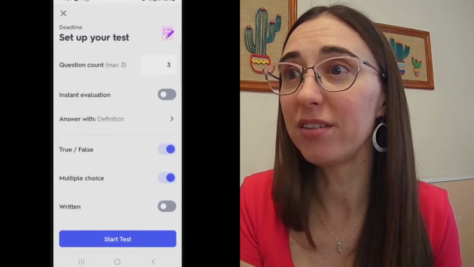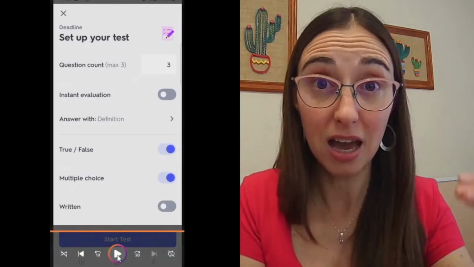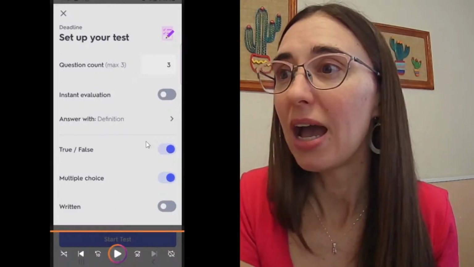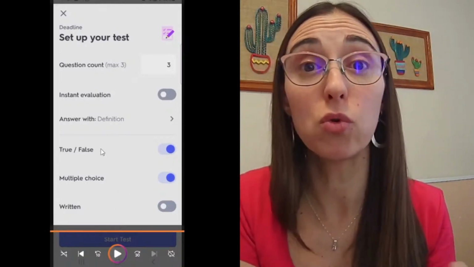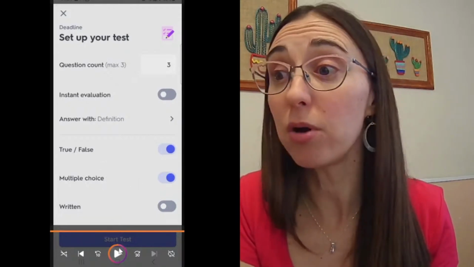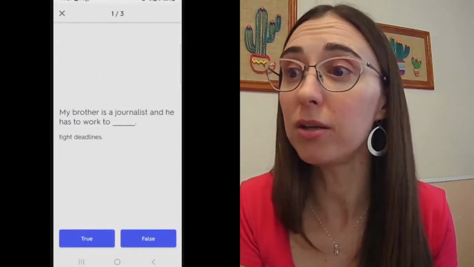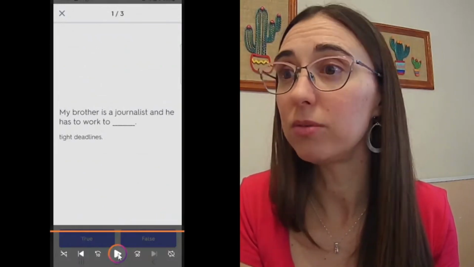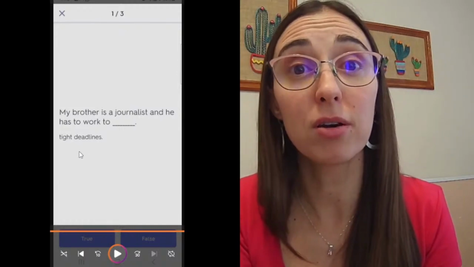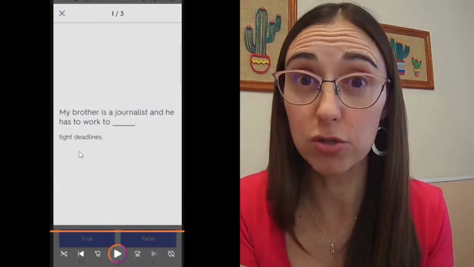So the other possibility is the test. The other way in which you can practice this vocabulary area. And you can choose whether you want to work with true and false sentences or with multiple choice. If you activate both, okay, you will have a bit of everything. In this case, for example, you have the example sentence and one of the possibilities that you wrote before.